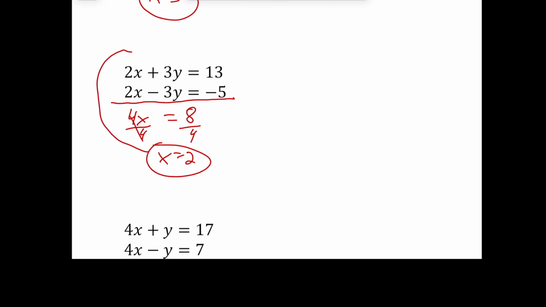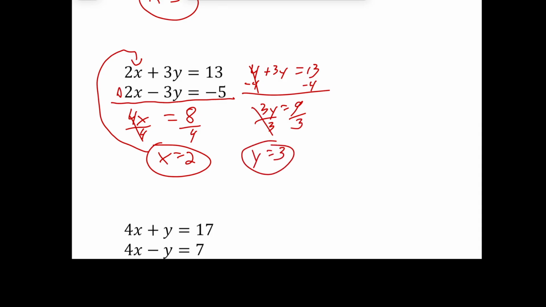I'm just going to go on the top just because. What's 2 times 2? That's going to be a 4 plus 3y equals 13. Once I subtract 4 from each side, I'm going to get 3y equals 9. Divide everybody by 3. Y equals 3. And if you want to double check, you would plug it into there and just do a little math in my head.